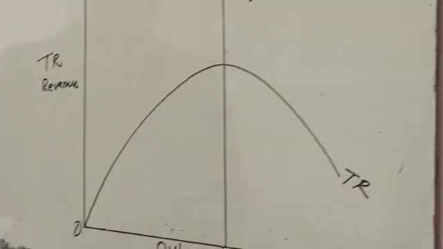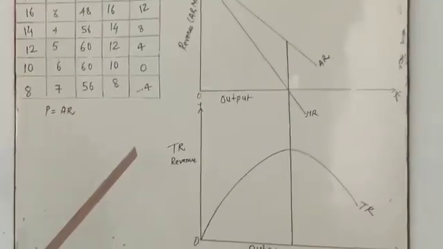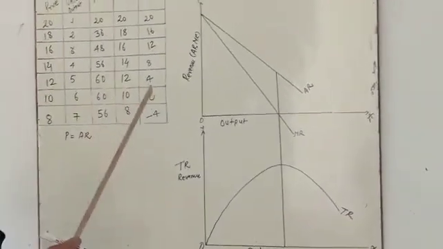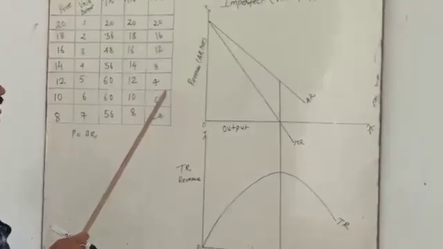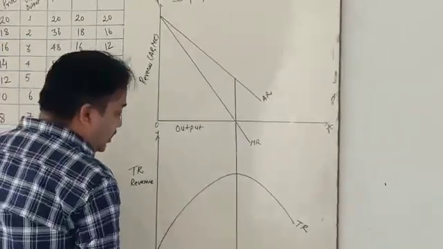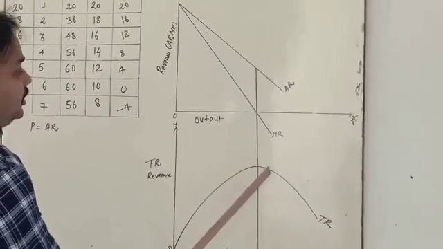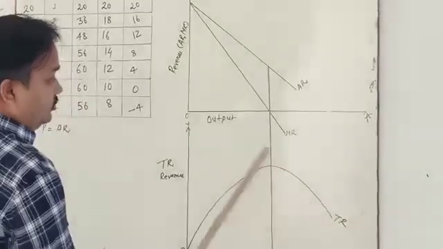You can say that when total revenue is maximum, MR is 0. When total revenue is maximum, it is going to diminish and fall down.